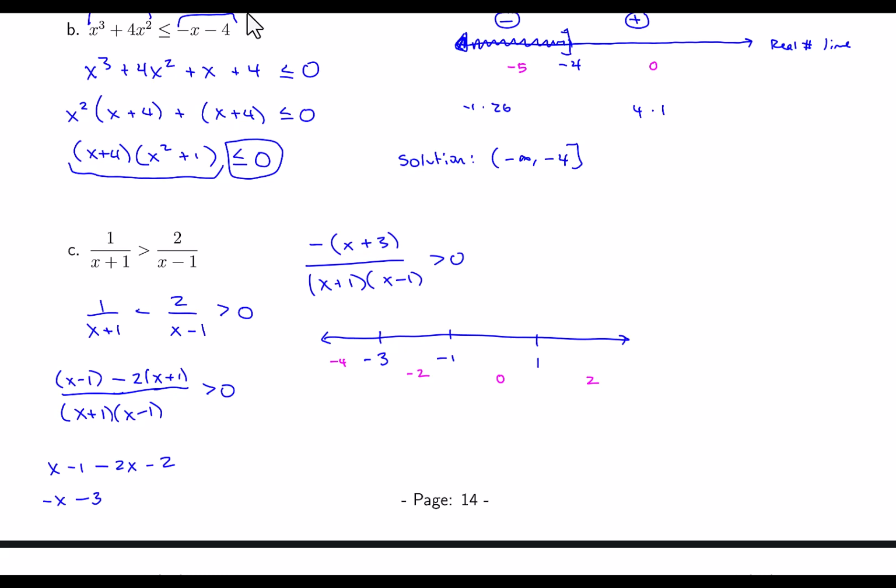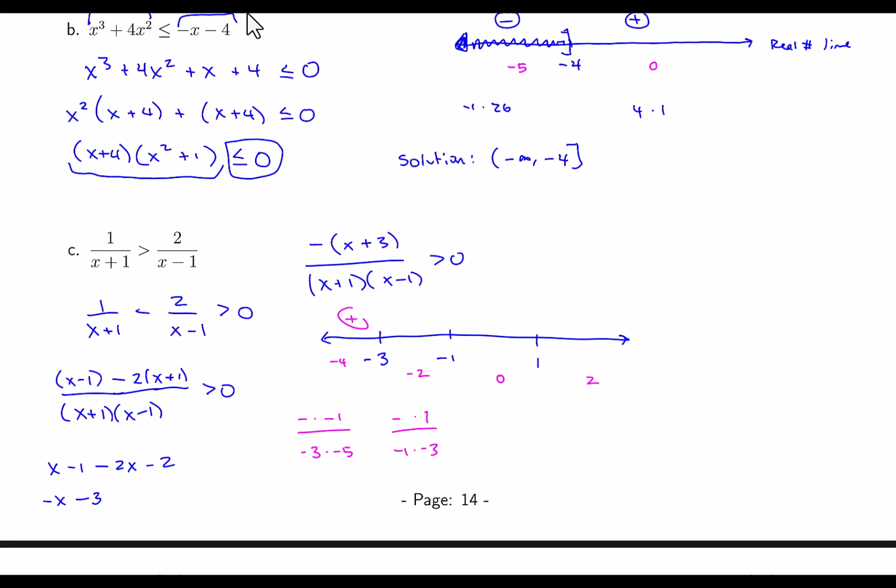If I put negative 4 into my rational, it would be negative times negative 1 all over negative 3 times negative 5. So that's 4 negatives, so everything there is positive. If I plug in negative 2, it's a negative times 1 over negative 1 times negative 3.